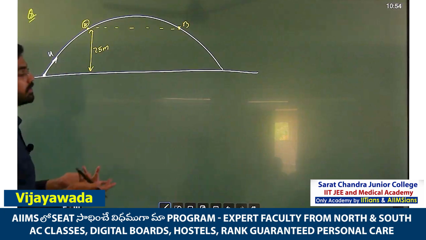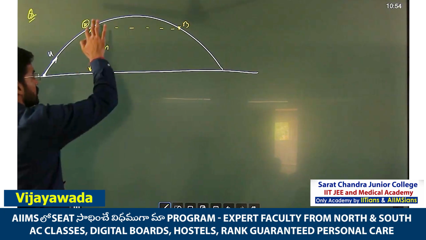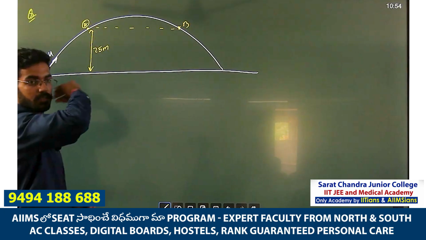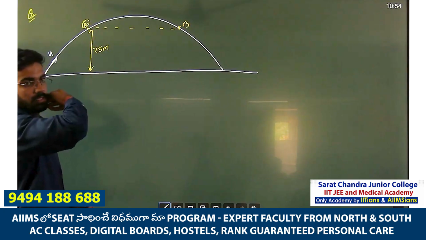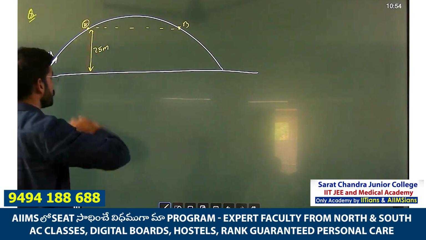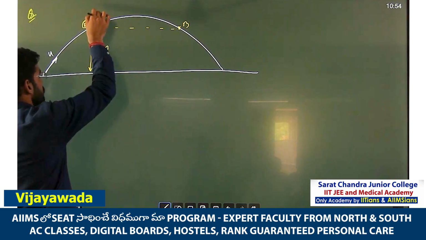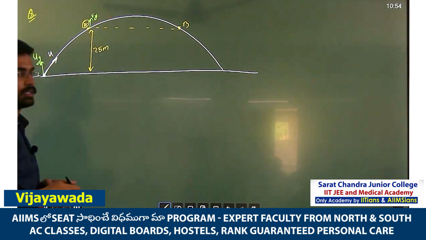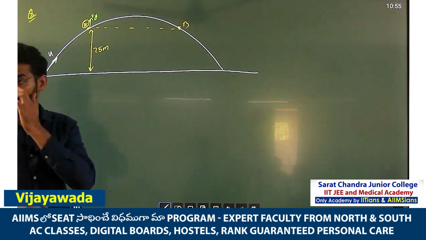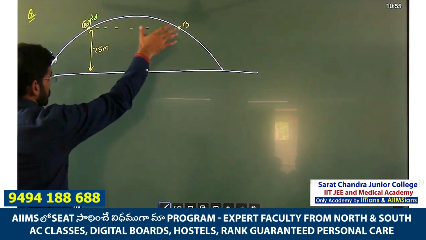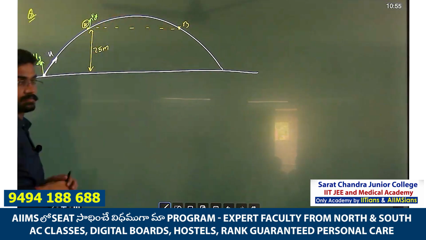So if I apply, what will I get? There should be something to find out. I know three things here. Here to here displacement in the vertical direction is 0, time is given 4, and acceleration is -g, right? So let's assume at this point of time, the vertical direction velocity is Vy, and here initially it is Uy. Okay, correct? So if Vy is the velocity, can we find out Vy?